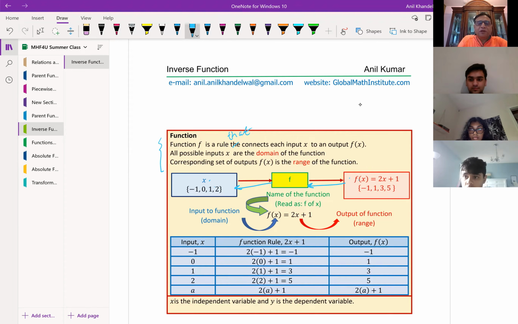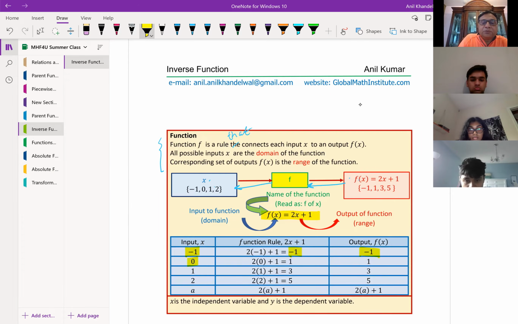So for example, we had fed -1 into a function whose equation was 2x plus 1. So if I define my function as 2x plus 1, and if I feed -1 here, -1 times 2 is -2 plus 1 gives me -1. So I get -1 as an output.